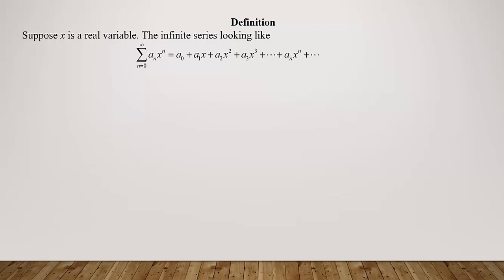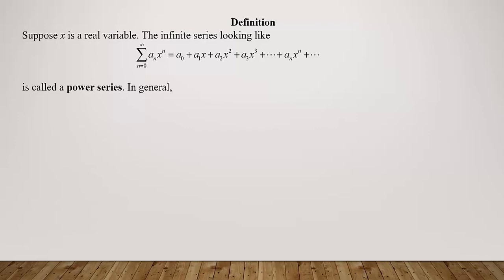Well, x to the 0 is 1, so that's why the first term is just a sub 0, plus a sub 1 times x, plus a sub 2 times x squared, plus a sub 3 times x cubed, plus and so on, plus a sub n x to the n, plus and so on. That general form, that's what we're going to call a power series.